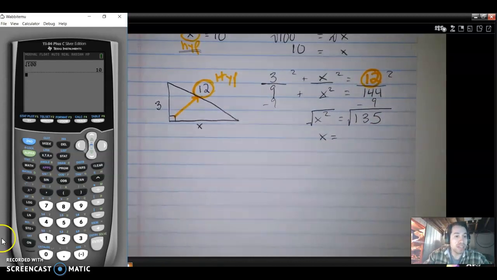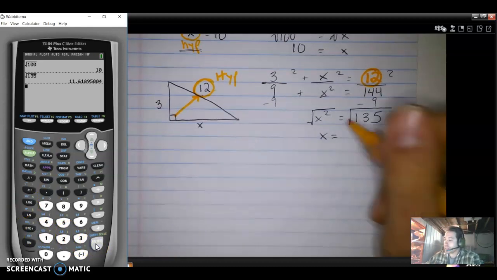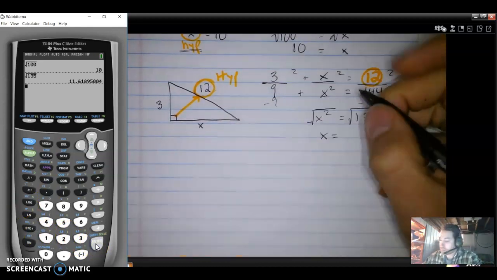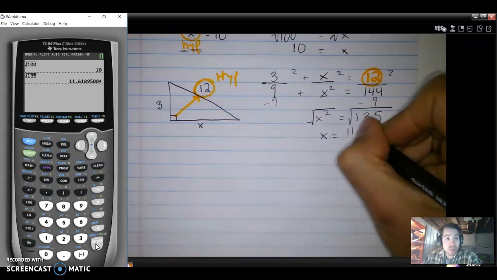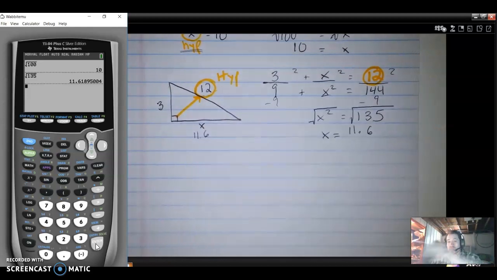We go to our calculator, second, and then where our square root is, 135. We hit enter, and we get 11.6. These will not always be whole numbers. You'll get decimals plenty of times here. No issues when you are working with decimals at all. It is no big deal. But you've got to make sure you find those missing sides.